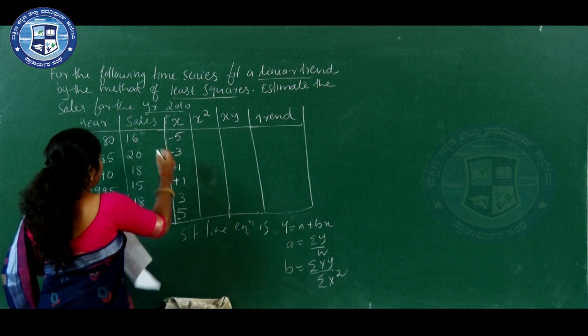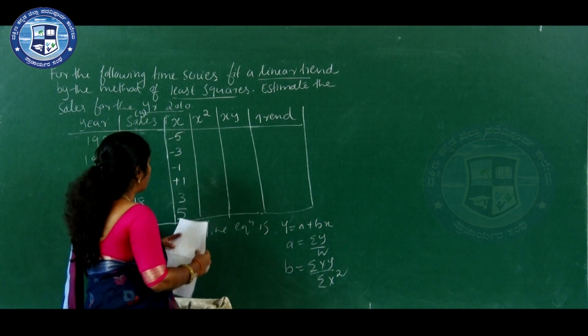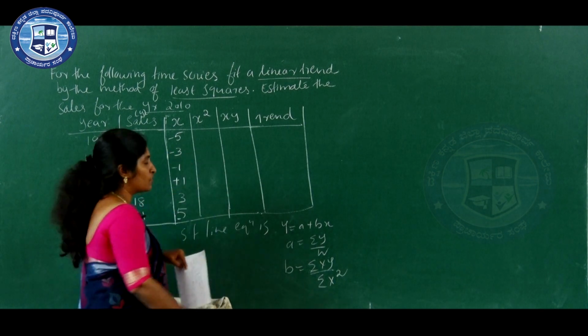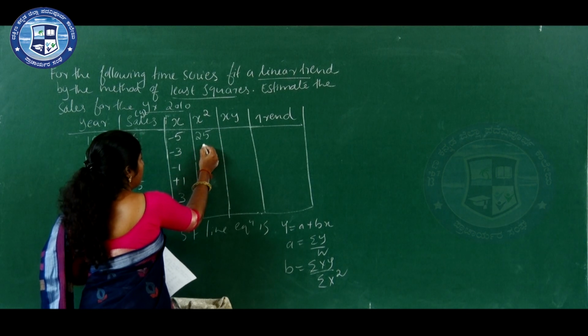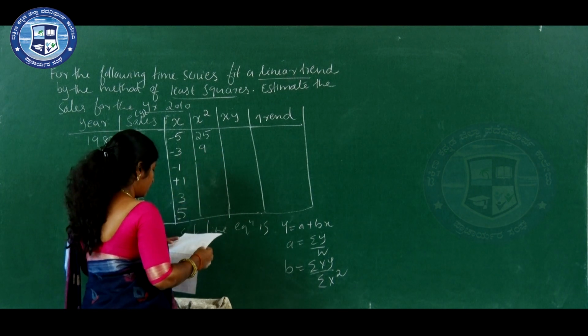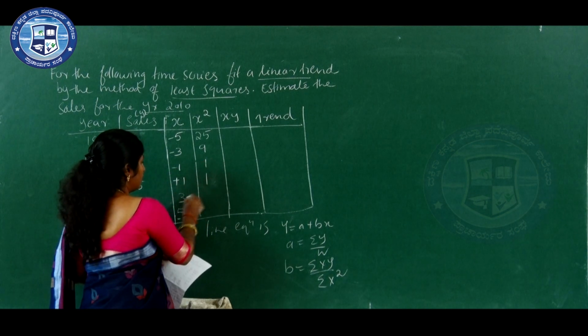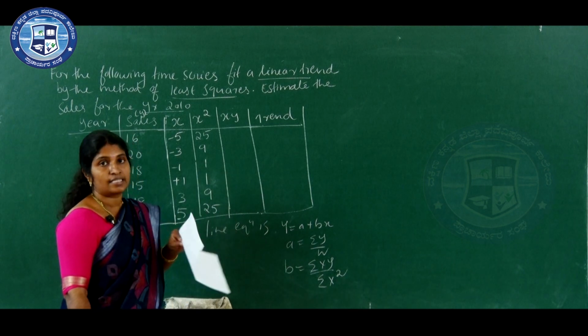Sales is the actual value y. Now, find x square: minus 5 into minus 5 is 25, then minus 3 into minus 3 is 9, then minus 1 into minus 1 is 1, then 1, 9 and 25. Next, find x into y.